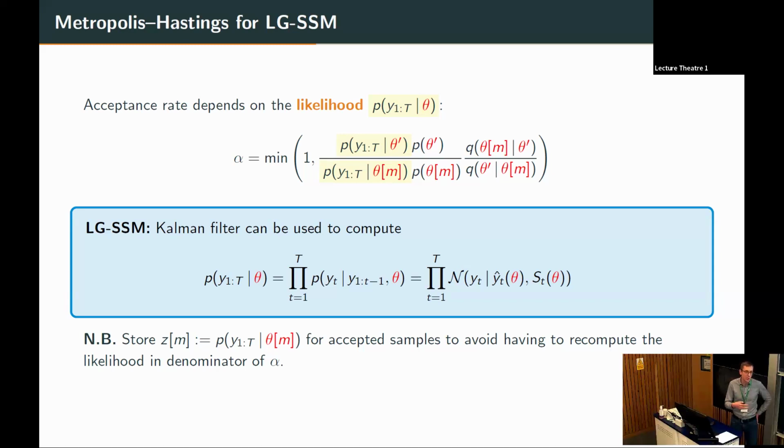Well, we need to compute one such likelihood for the proposed value, but if I then accept that proposed value, then I can just store the likelihood that I computed. I will denote that by Z of m. This is the value that we computed for the likelihood conditionally on theta of m. But it's just a computational trick, you could say.